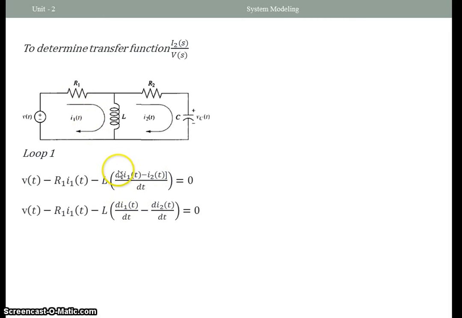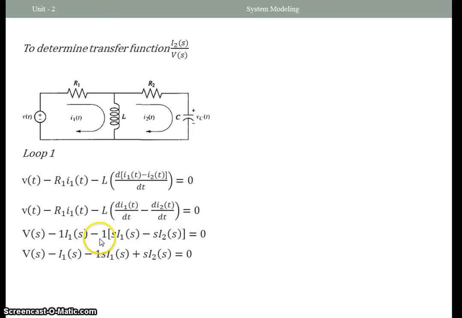So this can be expanded further as the derivative of each of the currents I1 and I2, and we can now convert this into their equivalent Laplace, knowing that the derivative is just equal to S. And if we distribute this inside the bracket, then we will have this as the expansion of loop 1.